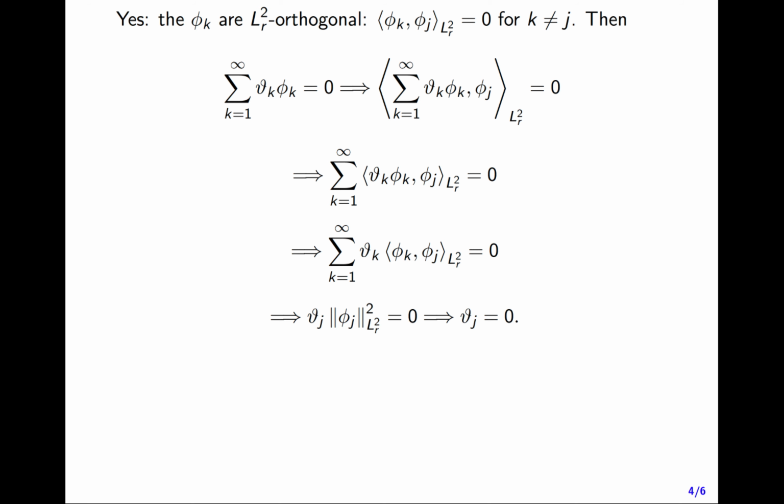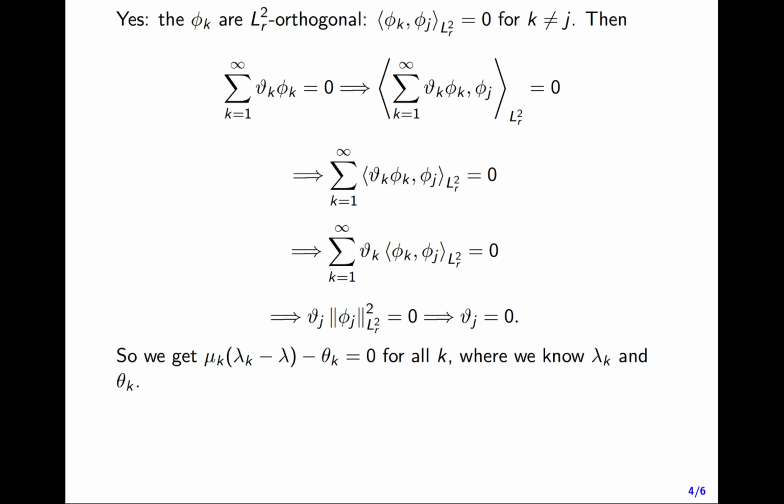So if I have the product theta j times the L2R norm of phi j squared equals 0, that can only happen if theta j is equal to 0. Going back to our previous slide, this kind of orthogonality argument shows that, happily, mu k times (lambda k minus lambda) minus theta k is equal to 0 for all k. And again, remember, we know from the start of the problem what lambda k and theta k are.